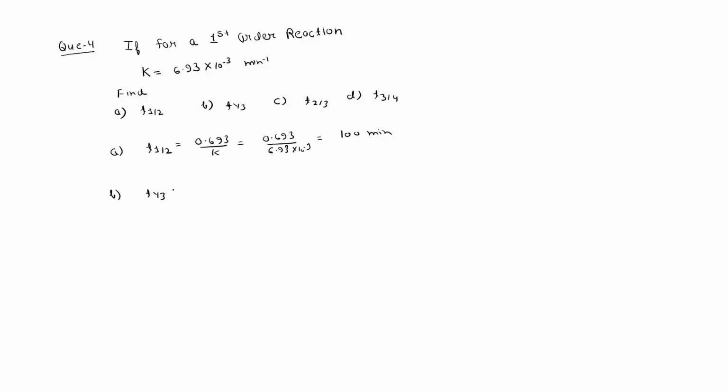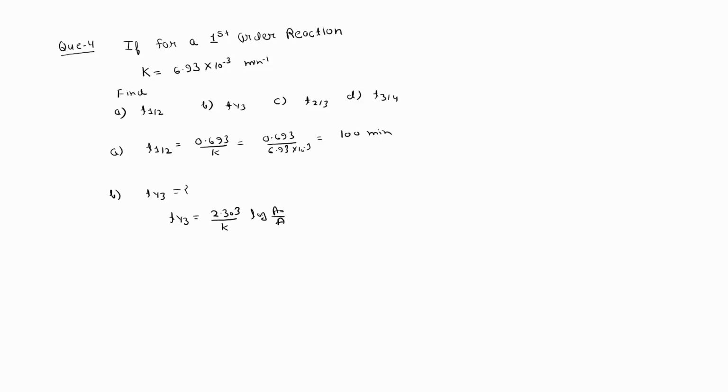For T 1 by 3 we have to apply the equation 2.303 by K log A naught by A. At T half means 50% complete, and at T 1 by 3 means about 33% complete, so 67% incomplete.